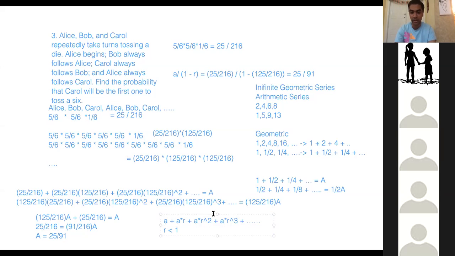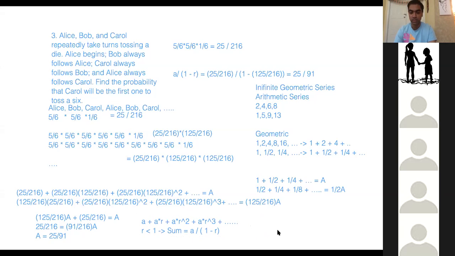We can't add that up. If r is less than 1, then this sum is equal to a divided by 1 minus r. This is what Pavan used, knowing that the starting term is 25 over 216 and the ratio is 125 over 216. You can just plug it in and solve. But this is the same thing that we did here. It's just a more concise version of this.